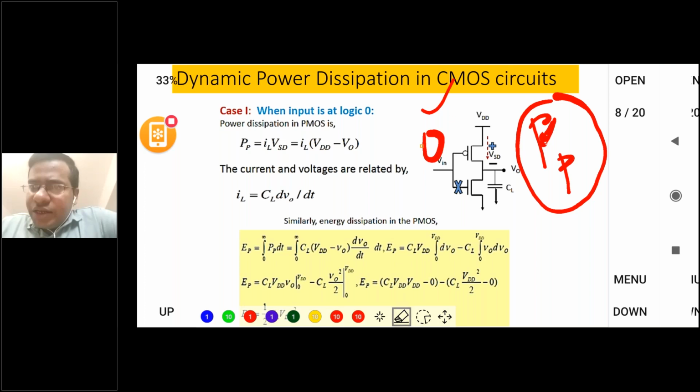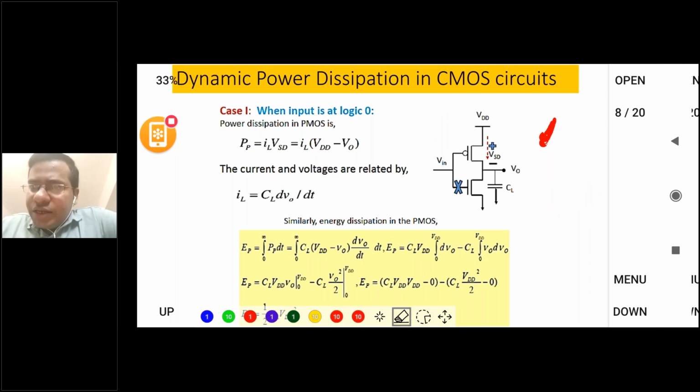Now, first we know the formula P equal to V into I. This is the very general form of power dissipation. Here you know very well: if the input logic is 0, which transistors are active, which are in the switching state?